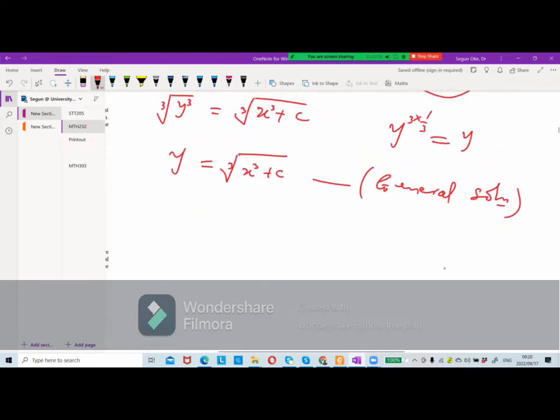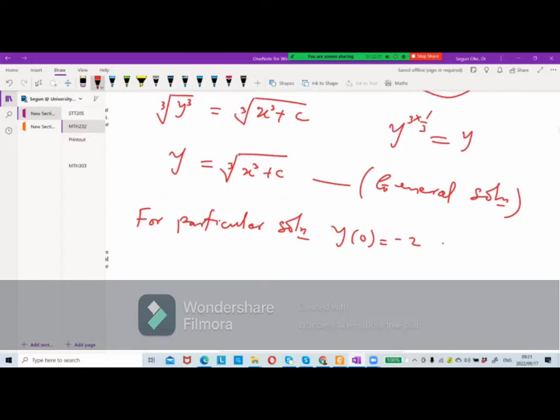Then the question now said we should calculate our particular solution. For particular solution, what you do is at y of 0 equals minus 2. Particular solution means calculate your c.